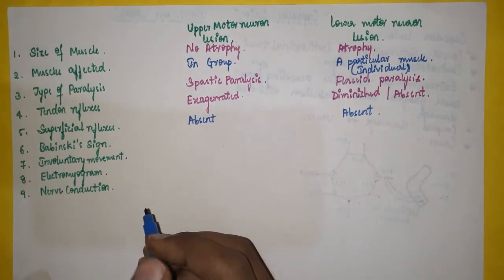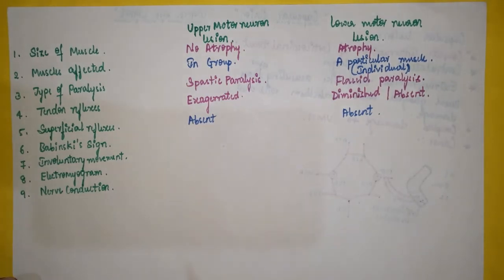Babinski's sign. In the upper motor neuron lesion, Babinski's sign is positive. In the lower motor neuron lesion, Babinski's sign is negative. There is normal plantar flexion. Remember, if the flexor motor neuron is damaged, then there is no flexion or extension at all. Okay.